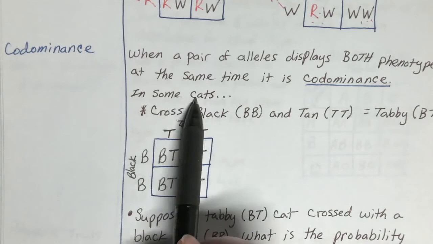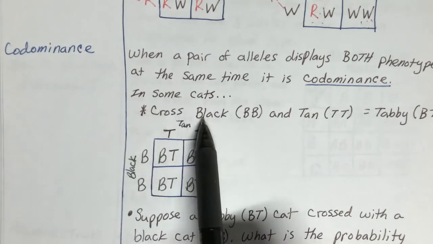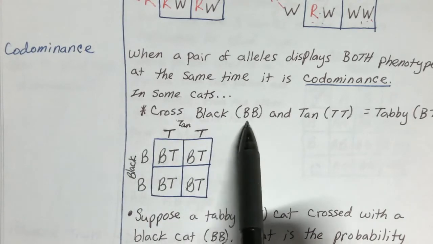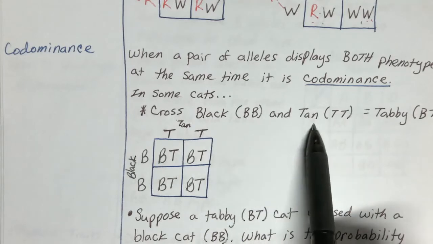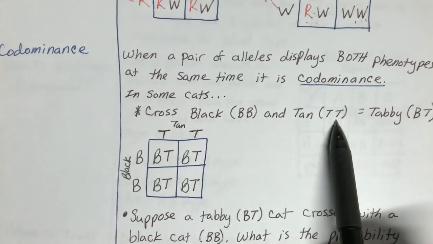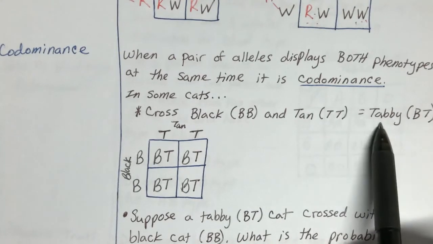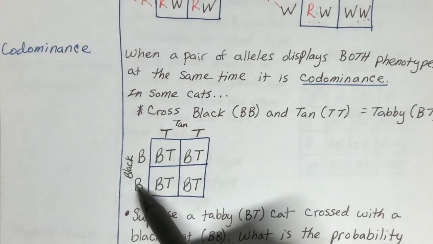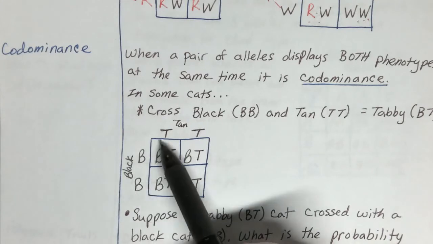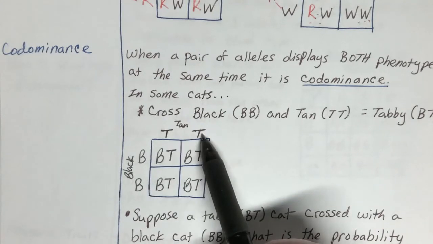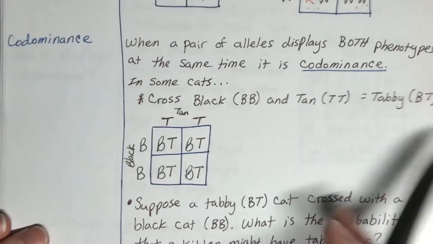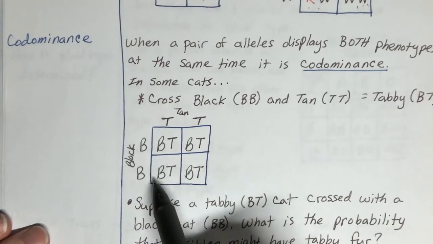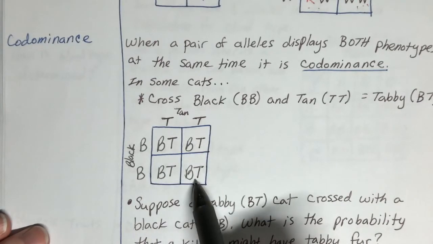So in some cats, a cross between a black, capital B, and a tan, capital T cat, equals tabby, capital B, capital T. So black is capital B, tan is capital T, and if we cross them, we're going to come up with BT, BT, BT, BT.